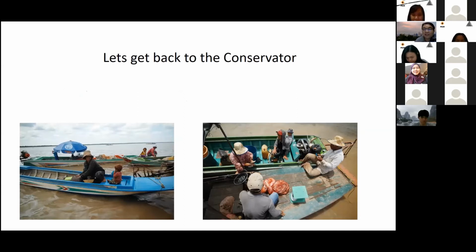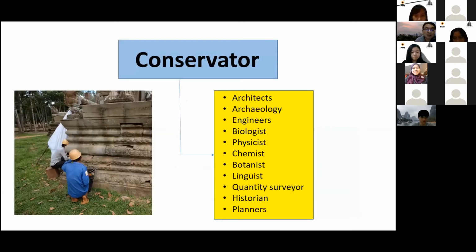Okay, what is a conservator? What did we talk about, concepts and all those things? So what's a conservator? To do conservation work, besides the conservator, who are the people involved? You have the architects, archaeologists, engineers, biologists, physicists, chemists, botanists, linguists, QS, historians, planners, and a lot more.